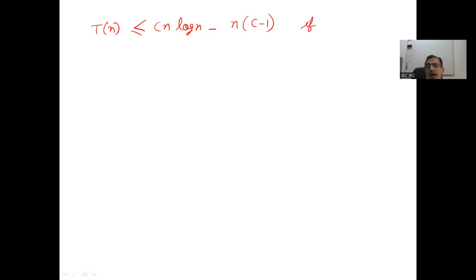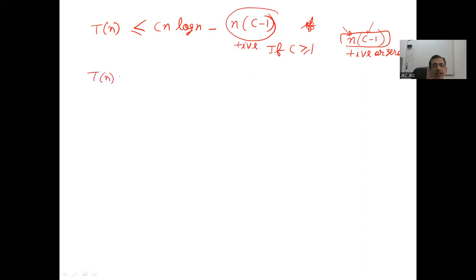If C is greater than or equal to 1, then I can guaranteedly claim that n into C minus 1 will be positive or 0. So if it is a positive value in a mathematical inequality, I can easily take it to the other side, as this value is always positive, less than or equal to Cn log n.